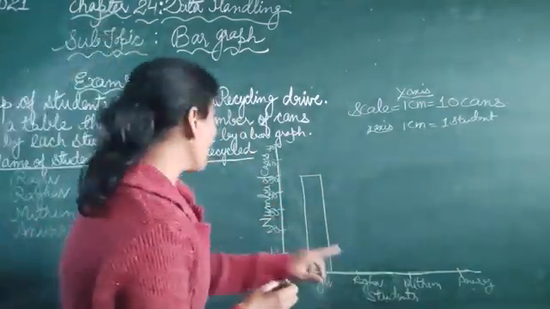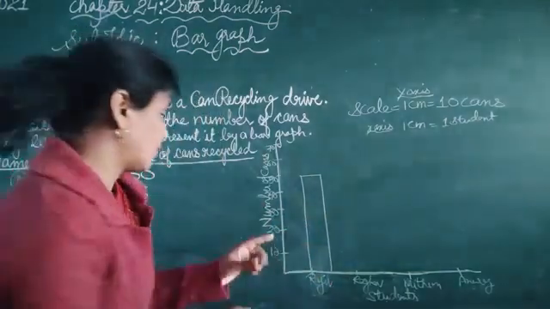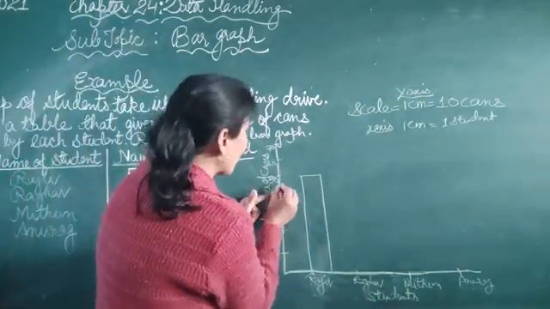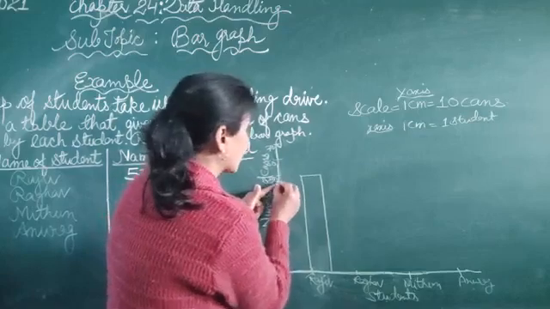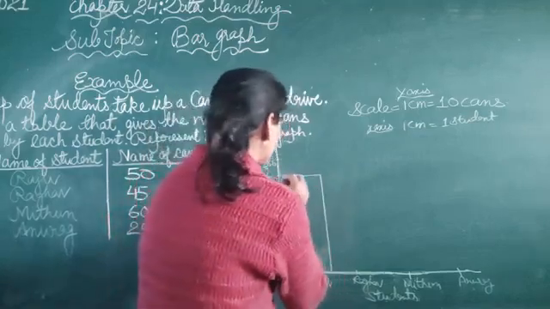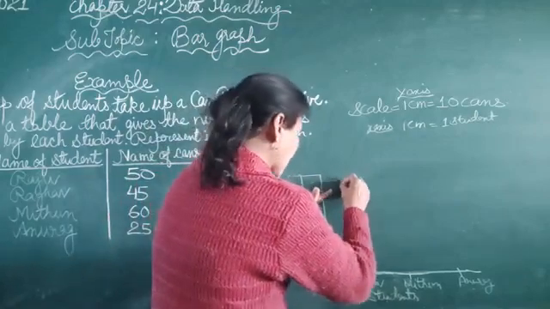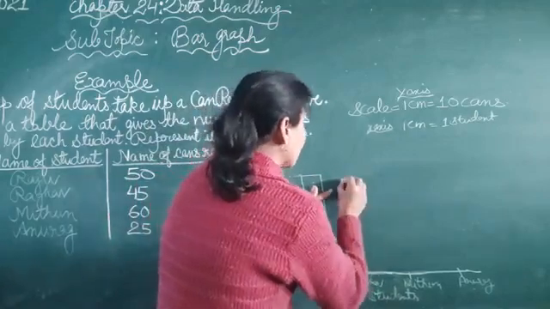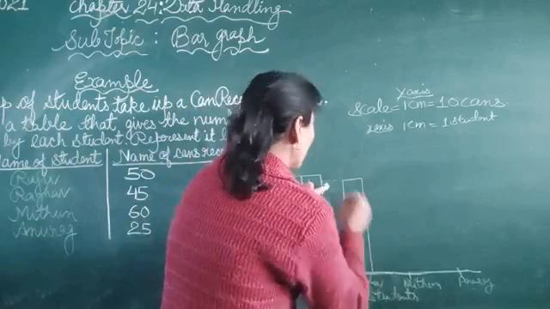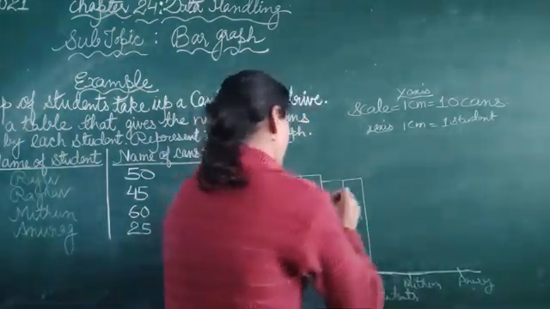Then Raghav, that is 45. Raghav is 45, between 40 and 50, in the middle. We draw a straight line in this way, a rectangle we draw, and this is Raghav.